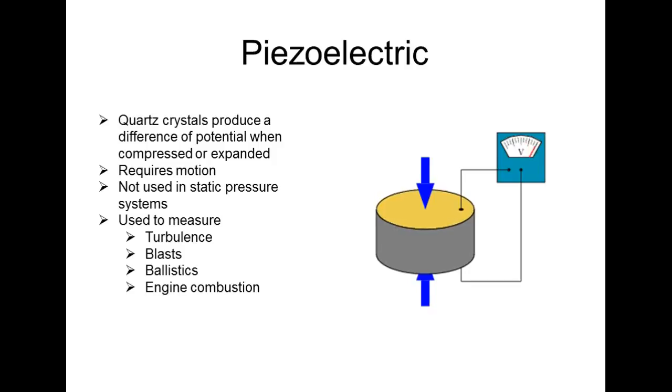So what does it require? Motion. Not used in static pressure systems. Used to measure turbulence, blast, ballistic, or engine combustion. These would be really good examples.